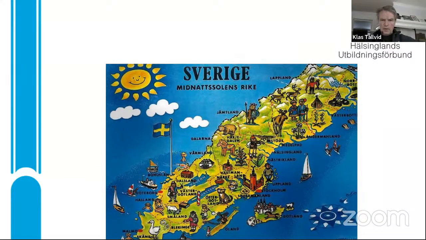So what I represent, if you see the tower in the middle of the east coast, that's Stockholm, and then above that is a man with a violin, and that's the region I represent, the County of Hälsingland. It's in Sweden, it's rural. Whole Sweden is rural. It's the same size as France, but only 10 million people live there, so my region is a rural part of a rural Sweden, so to say.